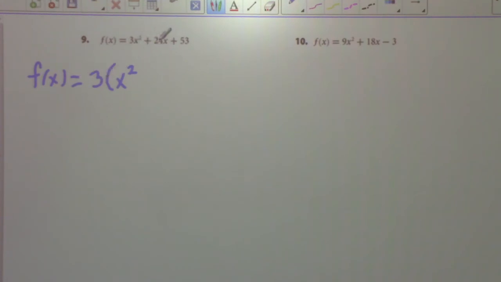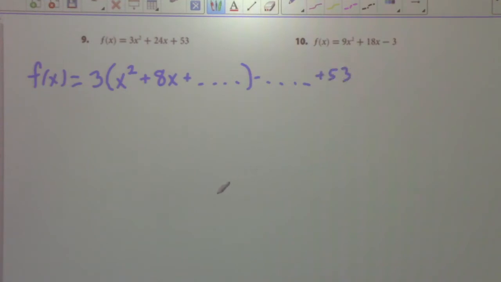What times 3 is going to equal 24x? 8x. Is that Jay? Yes, sir. Jay says 8x. Is that right? Yeah. And then we're going to add something we haven't figured out yet, and then subtract over here, and finally add the 53.